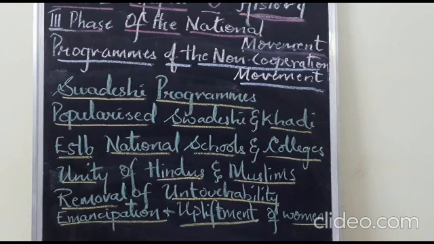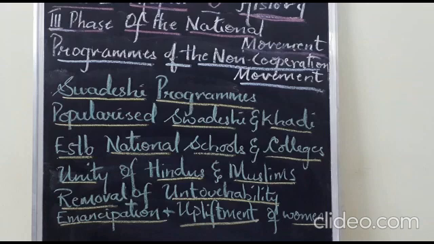The third, develop the unity between Hindus and Muslims. Fourth, removal of untouchability to help the Harijans and do some welfare for them. And the last one is emancipation and upliftment of women. Now all these programs come under the Swadeshi program.